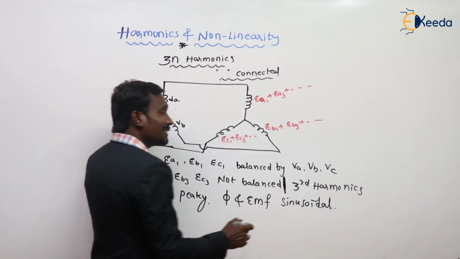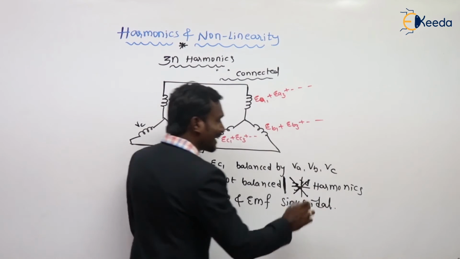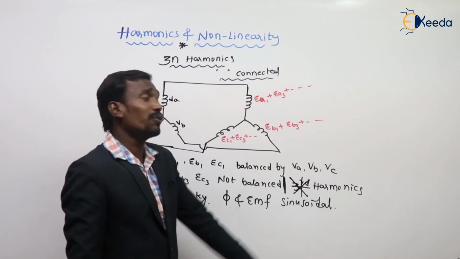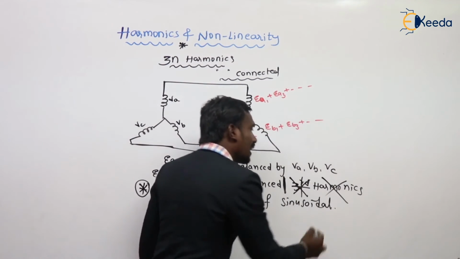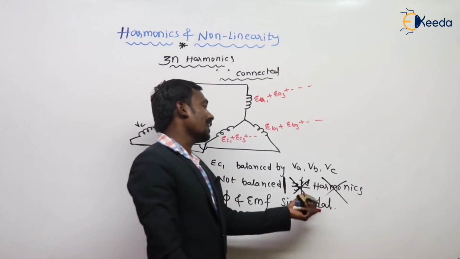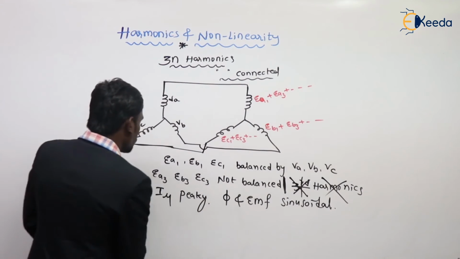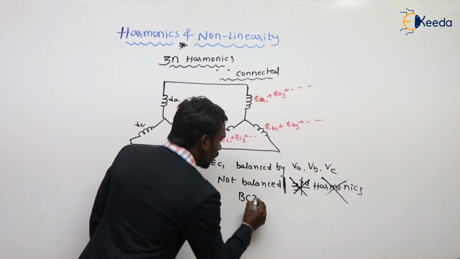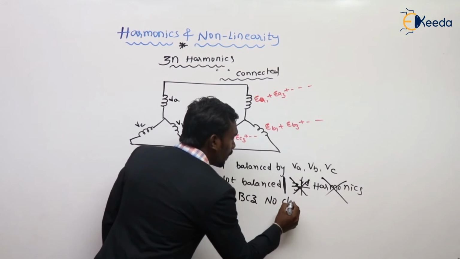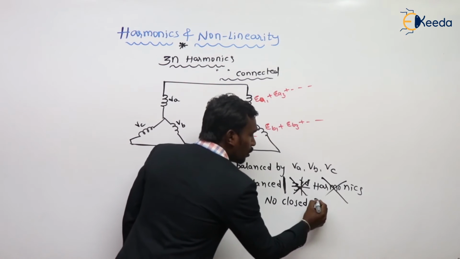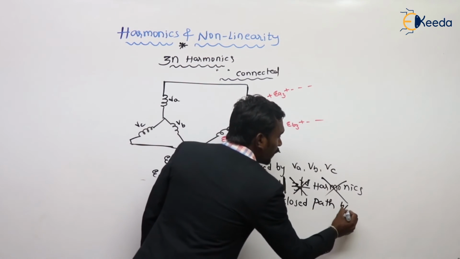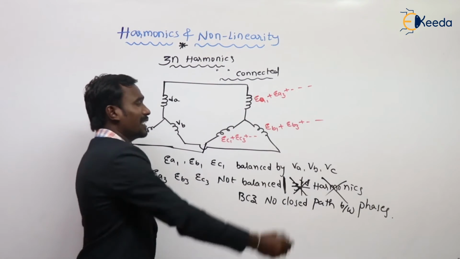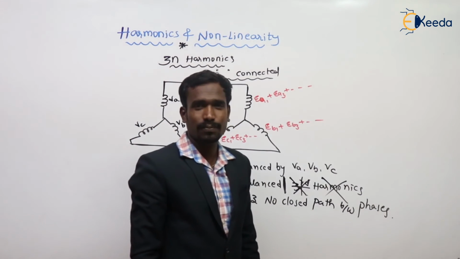But it doesn't produce the third harmonic currents. This star connected winding doesn't produce the third harmonic currents, because there is no closed path between phases for third harmonic currents.